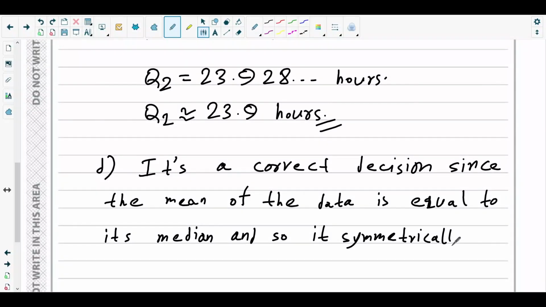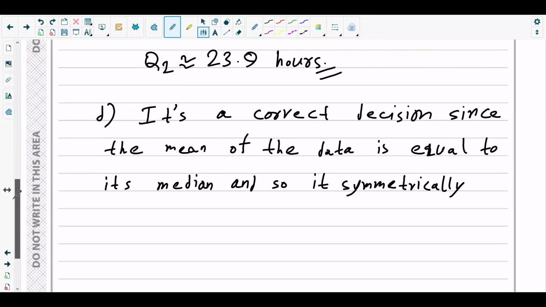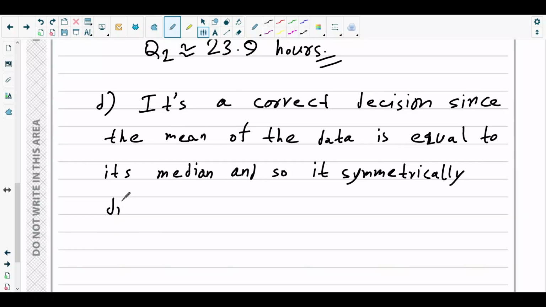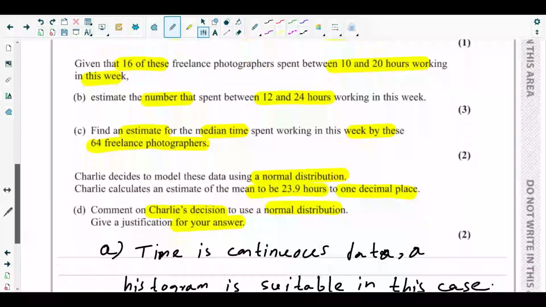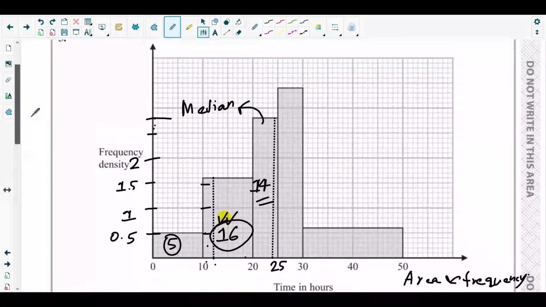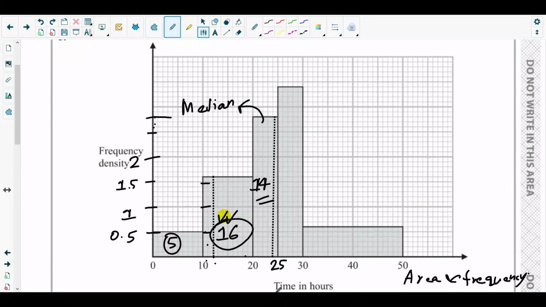Symmetrically distributed, and for symmetrically distributed we know the bell curve. That's the justification. So that's the answer for part D, and that's the end of question number 5 from the October 2024 S1 paper. Fine.